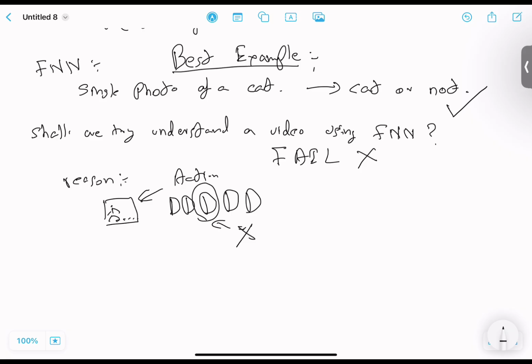We need to analyze all these photo frames to predict what this video is all about. So to do this, we need recurrent neural networks. That's where we need a recurrent neural network.